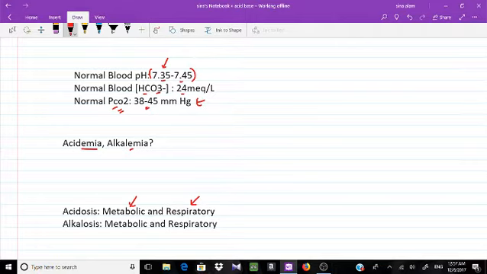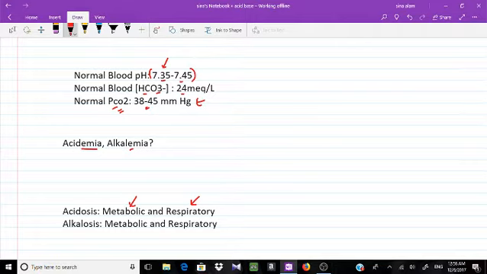Bicarbonate is a chemical produced in our body and handled by the kidney and different places. So if there's a problem with the metabolism of bicarbonate, it can lead to acidosis or acid production. Respiratory always comes with carbon dioxide, because we breathe out carbon dioxide, the simple thing.